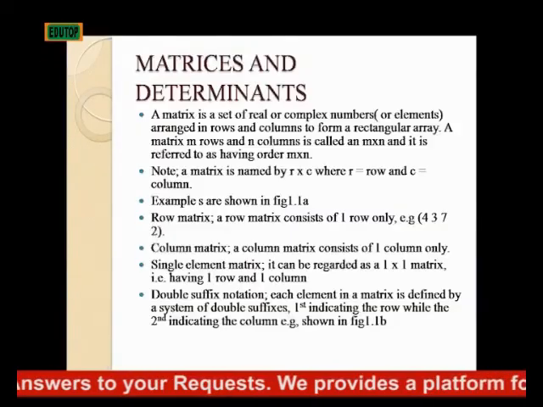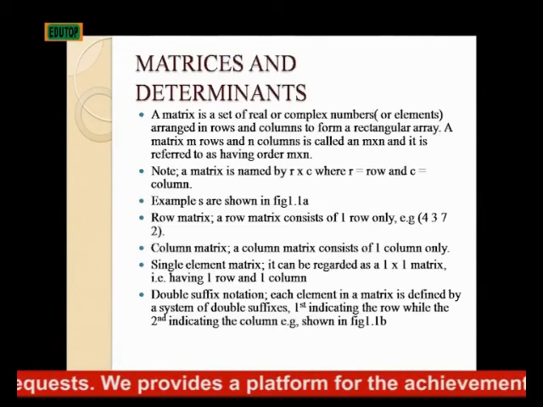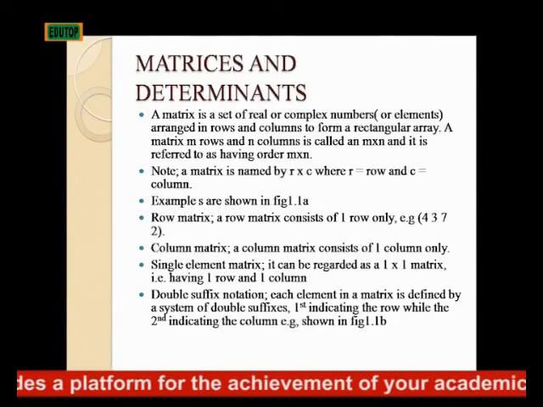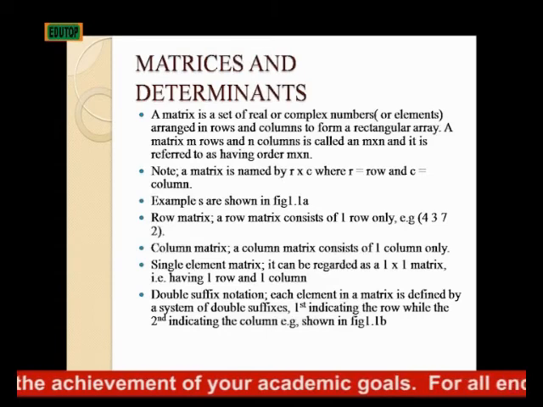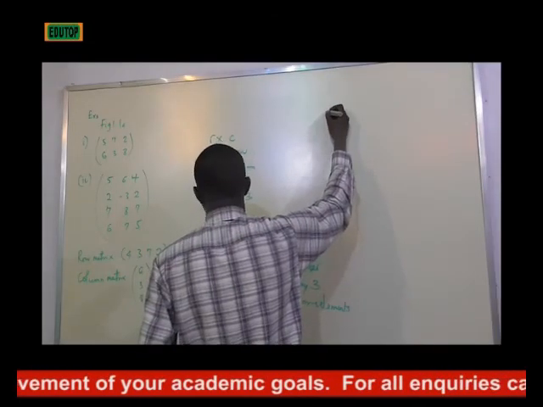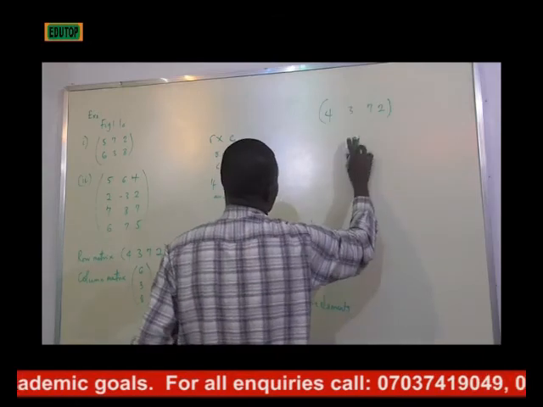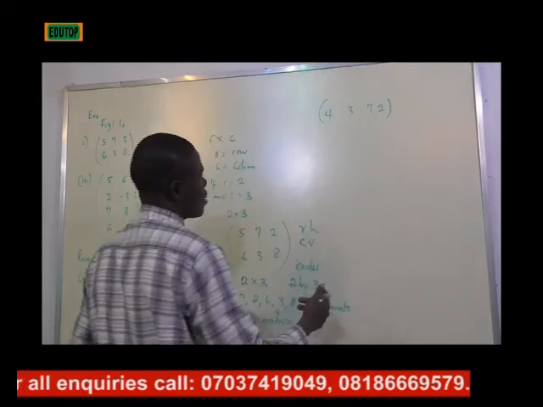Row matrix. A row matrix consists of one row only, and that can be shown in figure 1.1a. If you have something like 4, 3, 7, 2, we call this a row matrix because only one row is involved.